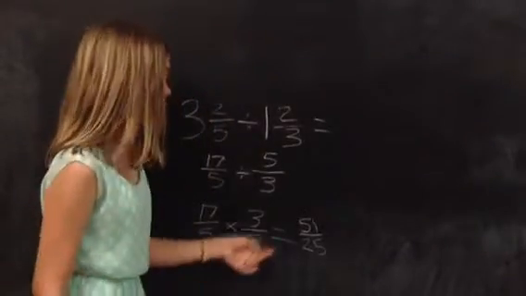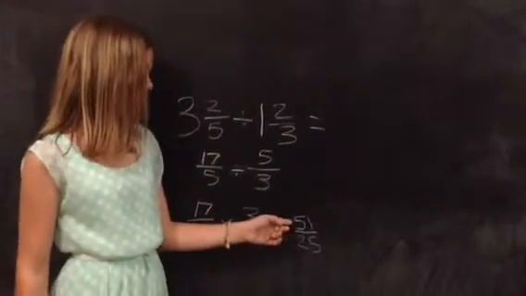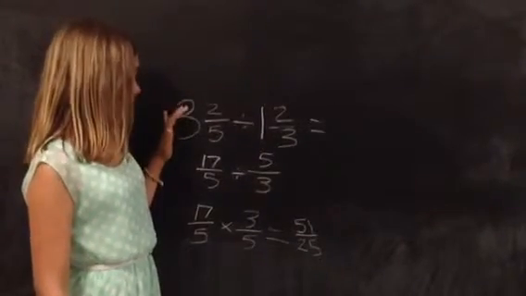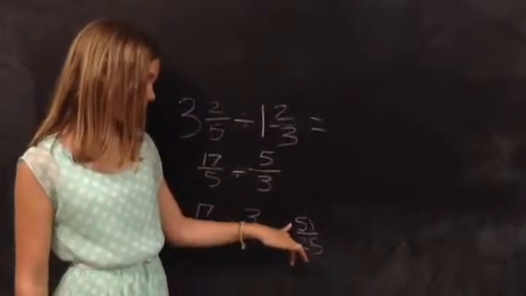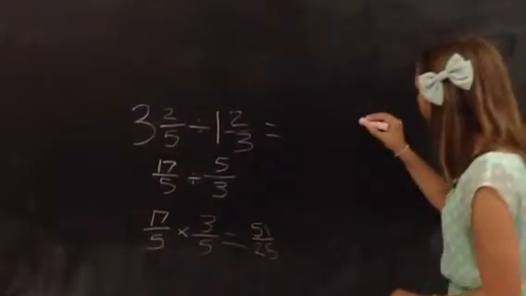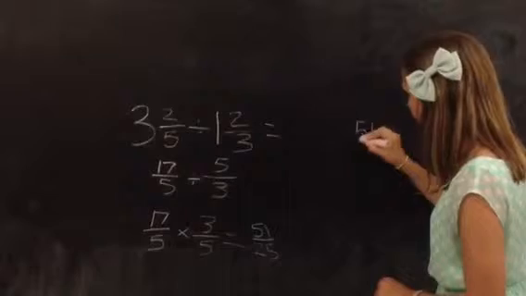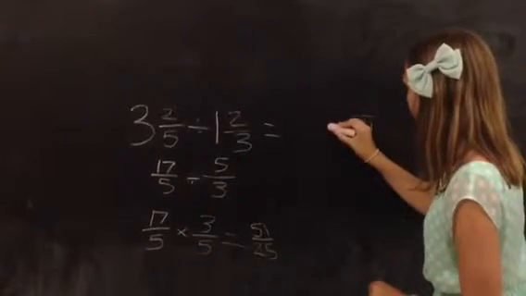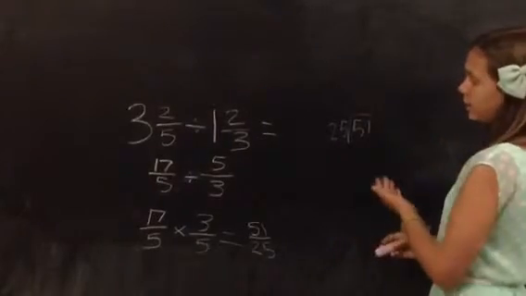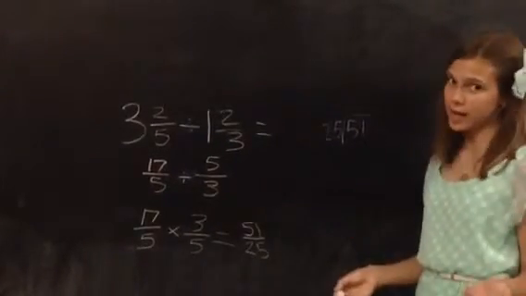And then, again, you would want to bring it back to a mixed number by dividing. So 51 divided by 25. Everyone knows 25 goes into 50 2 times.